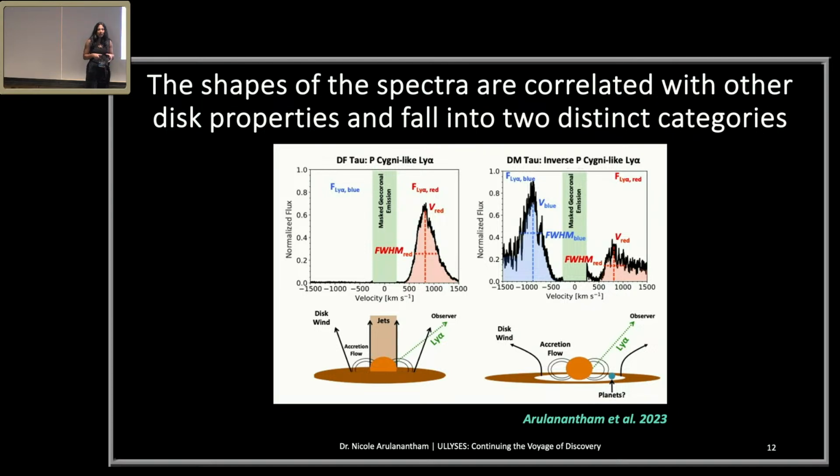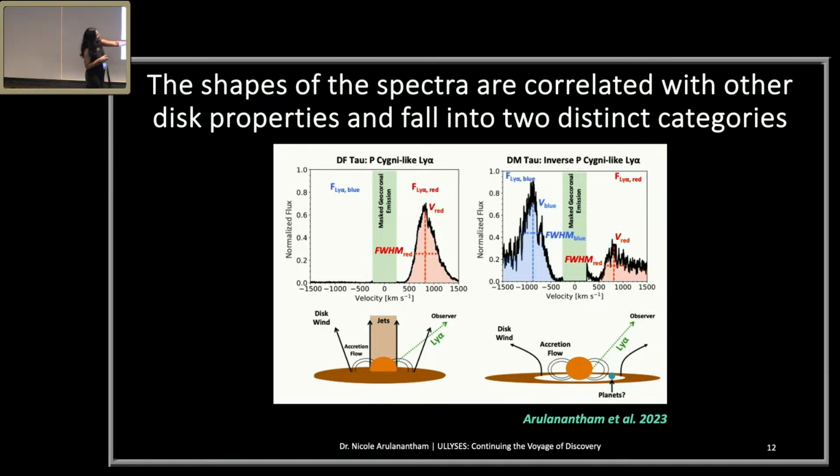They also have really strong signatures of high velocity jets in their emission. They also have really strong signatures.